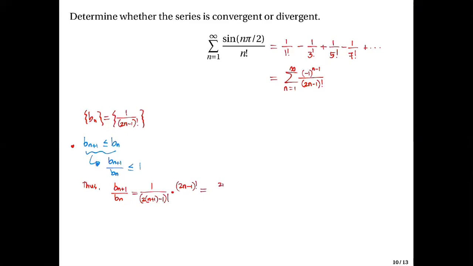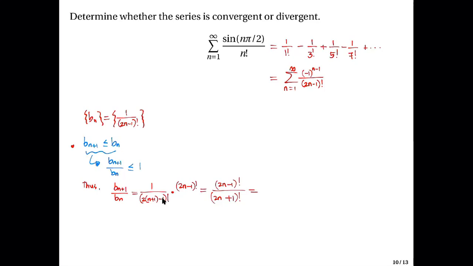In the numerator, you have 2n minus 1 factorial. So denominator, you have 2n plus 2 minus 1. 2 times 1, that's 2, and then minus 1. So magiging siyang 2n plus 1 factorial.